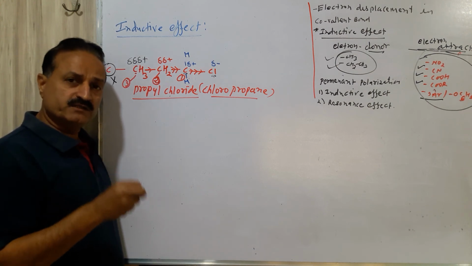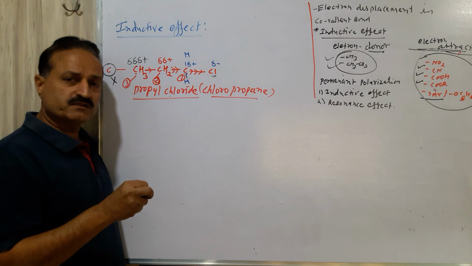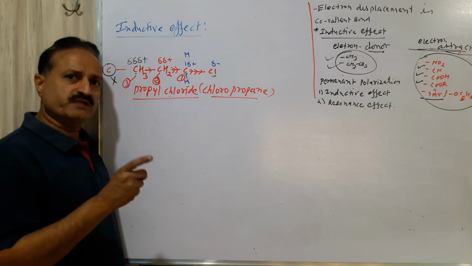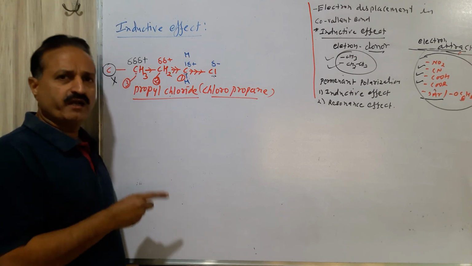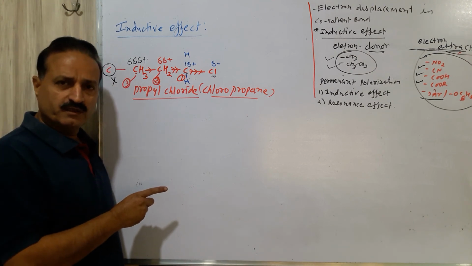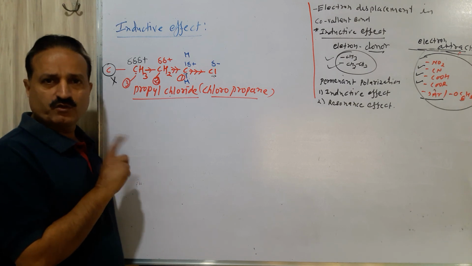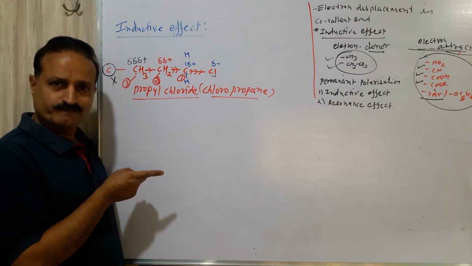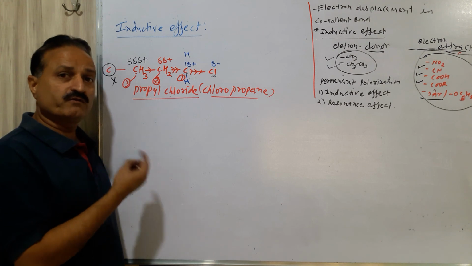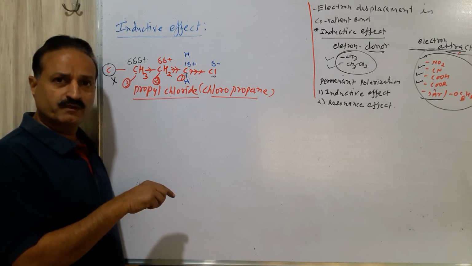The inductive effect is highest at the first carbon, less at the second carbon and very little at the third carbon, and at the fourth carbon there is no inductive effect. In your textbook they give the ethyl chloride example.